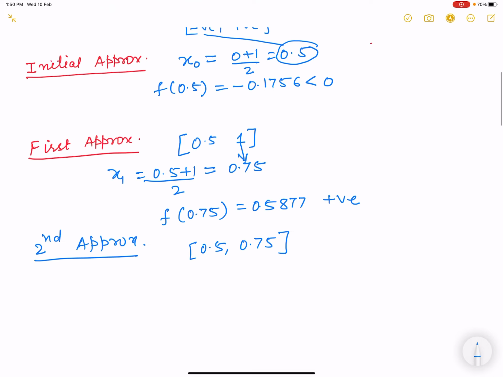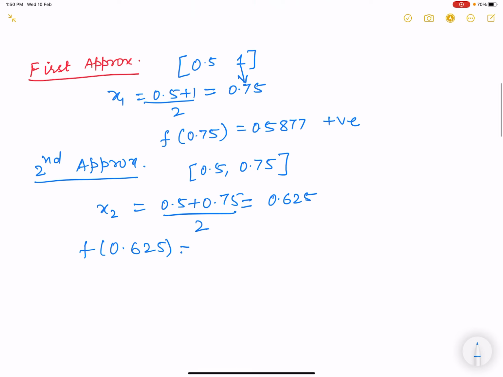We again bisect this interval and this will come out to be (0.5 plus 0.75) divided by 2, which is equal to 0.625. Let us find the value of the function at this point. We find that the value of the function at 0.625 is 0.8682, which is obviously a positive value.